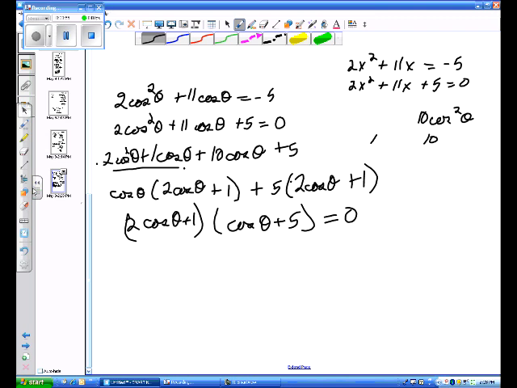equals 0. So we'll set each factor equal to 0. We're going to give our answers here in degrees, but we're going to give all of our answers. 2 cosine theta plus 1 equals 0.